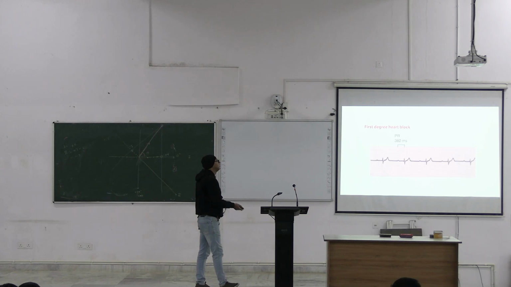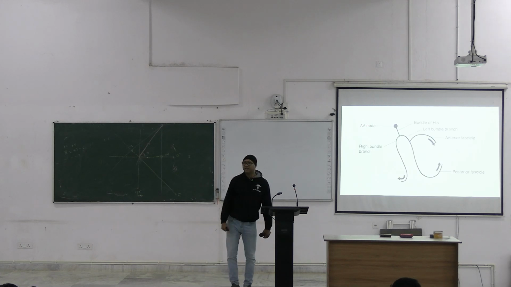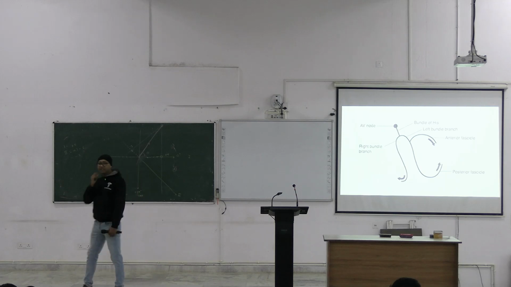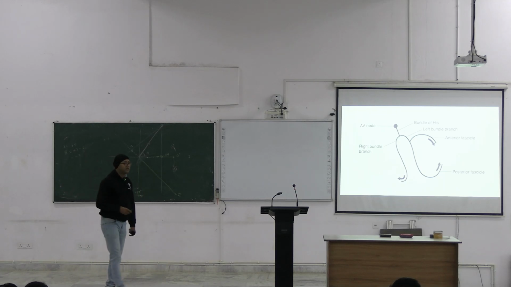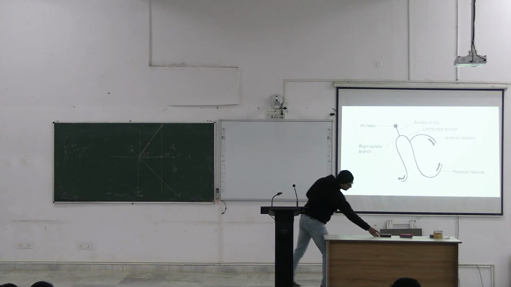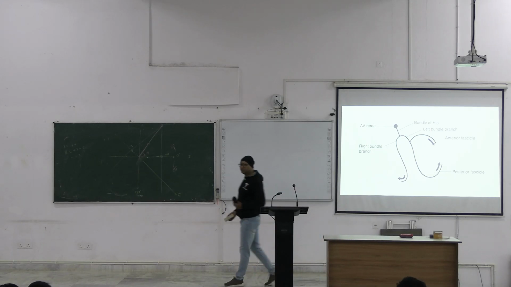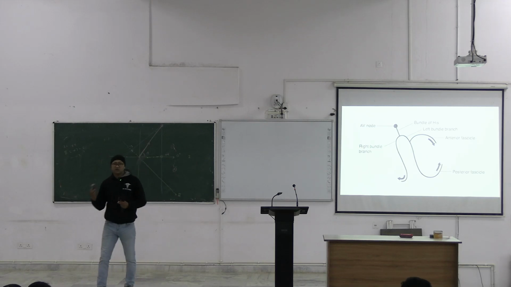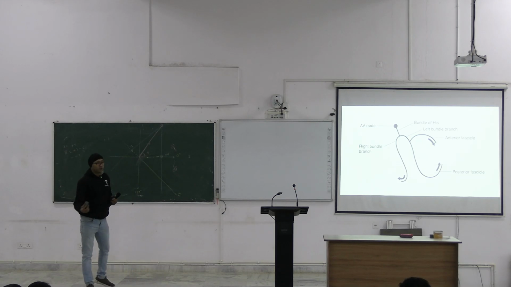Before that, tell me what PR interval means in an ECG. It is from the start of the P wave to the beginning of the Q wave.